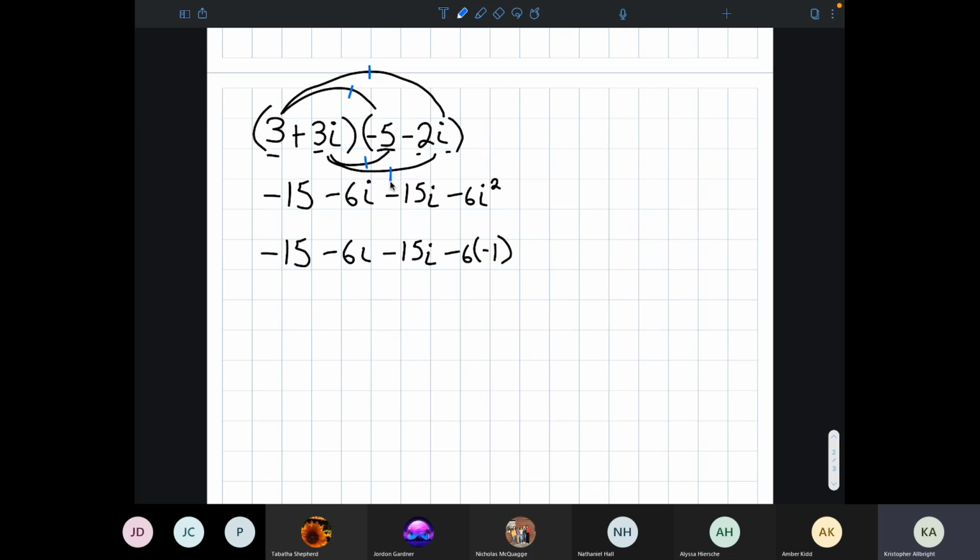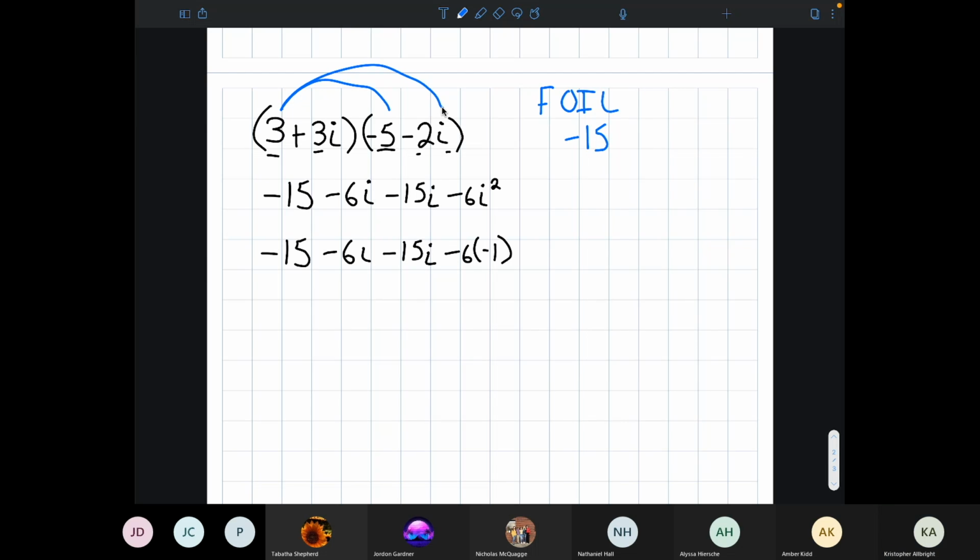So FOIL is first, outer, inner, last. And I do it in this little half moon pattern. But the important part of it is that you do everything times everything else. It doesn't matter what order you do it in. So if we did this in the actual FOIL order, first times first, we would do this, which would give us negative 15.